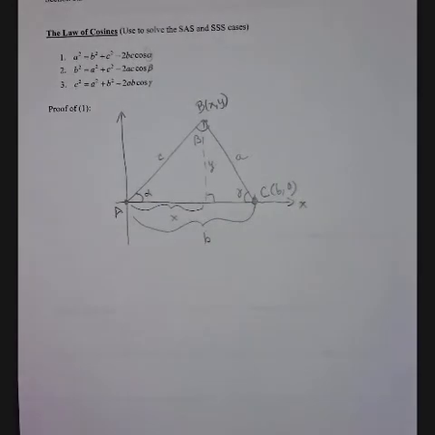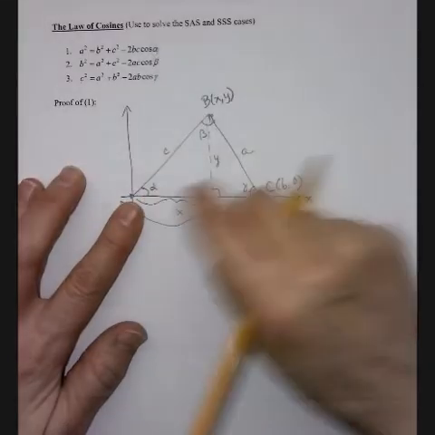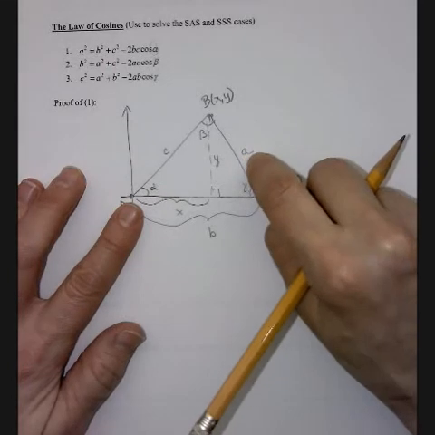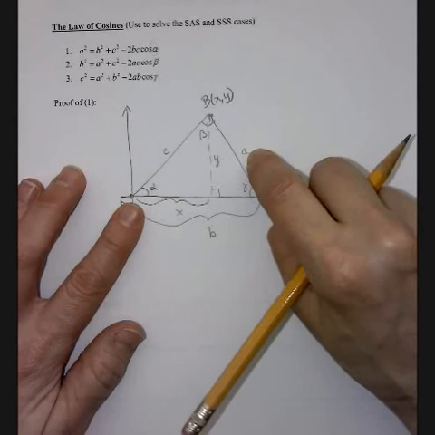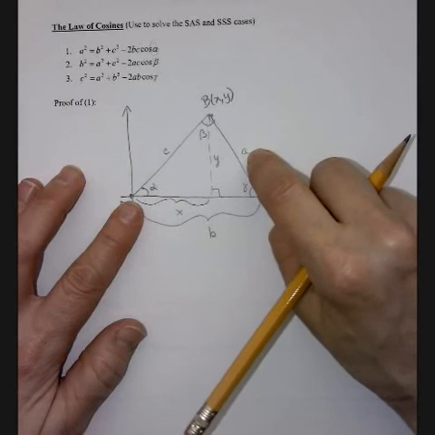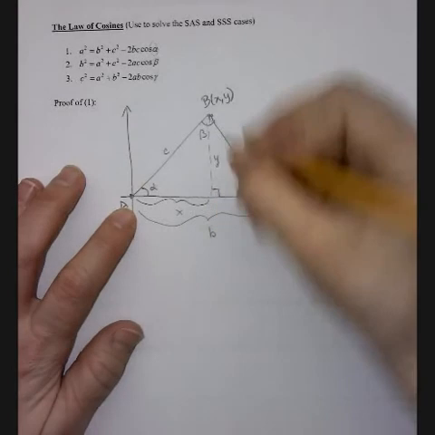So that's the setup, and what we want to do is we're going from the point of view of alpha here. So we want to find the length of A using the Pythagorean Theorem and this right triangle right here.